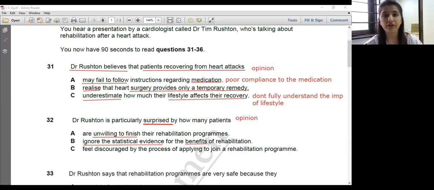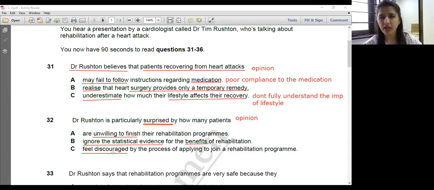Ignore means I know it, but I still choose not to pay attention to it. Ignore doesn't mean unaware. And feel discouraged. So the negative words really help me to pick up the focus of each answer choice. All three are negative: unwilling, ignore, discouraged.